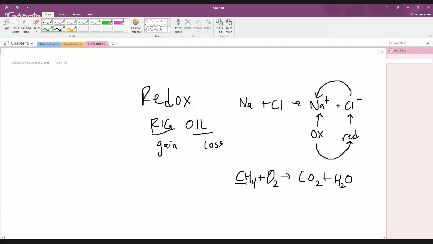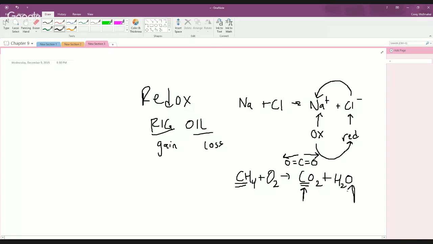The carbon has lost hydrogen, and so it's lost electrons. Another way to think of it is that this carbon is now forming bonds with oxygen, a much more electronegative atom. So the oxygen is sort of stealing those electrons away from the carbon. So this carbon has been oxidized.